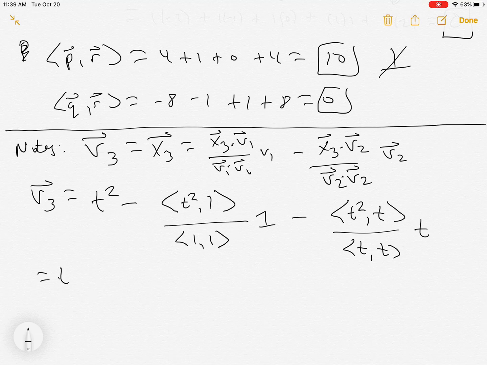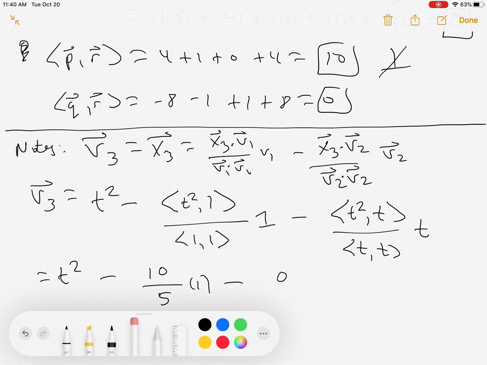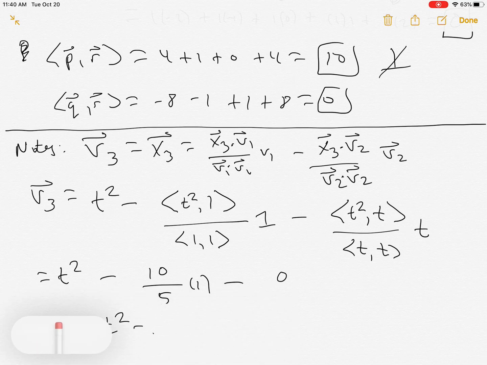So t squared with 1 we did before, that's 10. 1 with itself is 5, times 1, minus, t squared with t gave us, we did that before, 0, because they're orthogonal, so it doesn't matter. T squared minus 2, since 10 divided by 5 is 2.